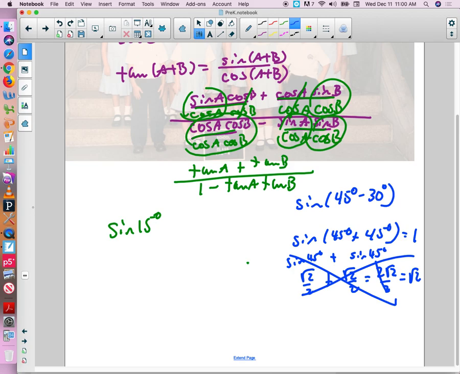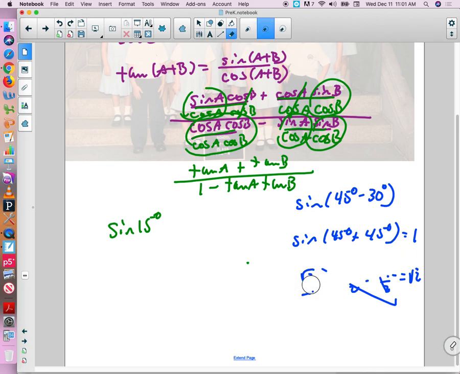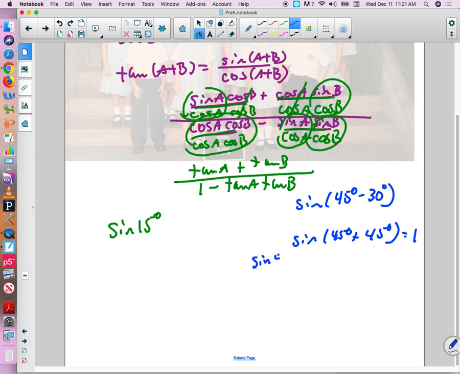If you're thinking about how sine works with opposite over adjacent. Now let's try the little pattern I showed you in 5 seconds or less at the end of the last class. If I go sine A cosine B plus cosine A sine B, I get root 2 over 2, root 2 over 2, root 2 over 2, root 2 over 2.